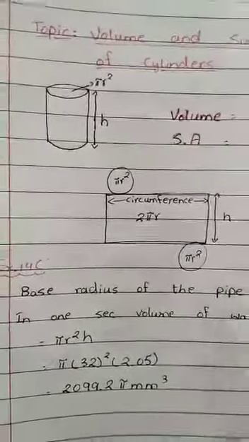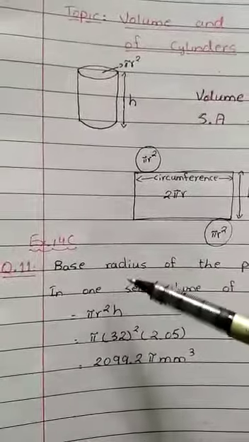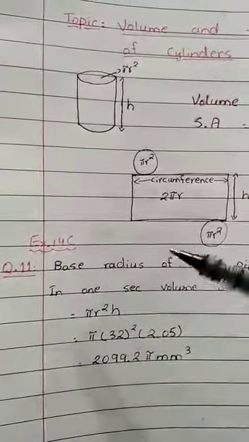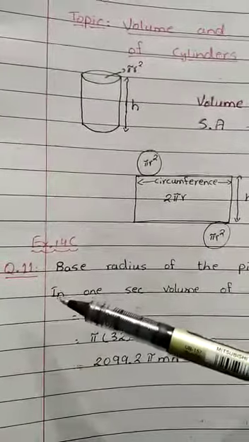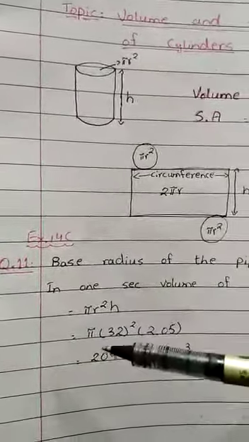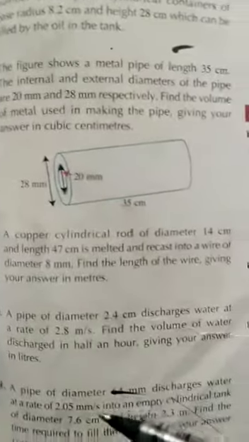Now let's come to the queries. I received a query from Dua of exercise 14C, question number 11. She asked me to explain this question, so let's come to the solution. First, look at the statement of question number 11.